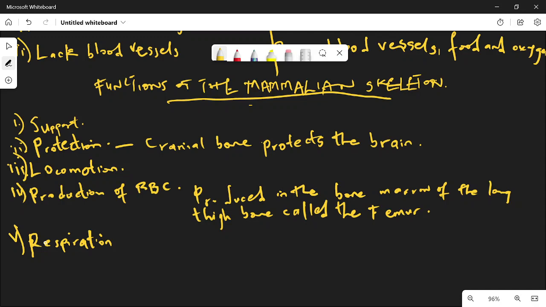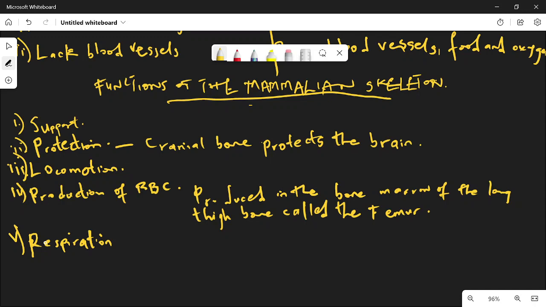When we inhale air, there is relaxation of the thoracic cavity, and when we breathe out, it is the contrary. The thoracic cavity contracts, thereby expelling the air that is inside the lungs. So the continuous relaxation and contraction of the thoracic cavity brings about expansion and relaxation of the lungs, which aids respiration.